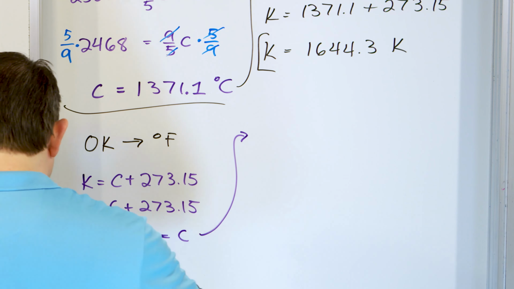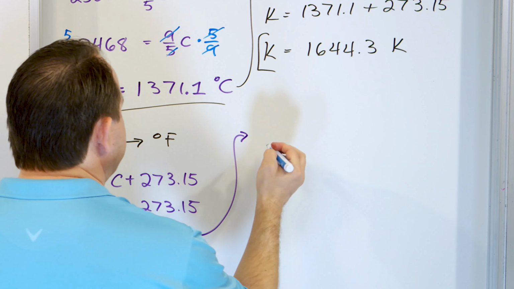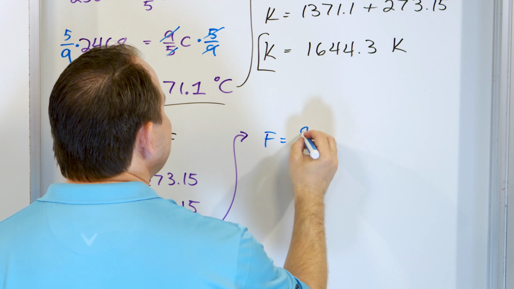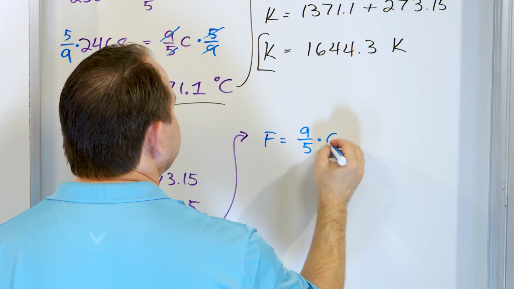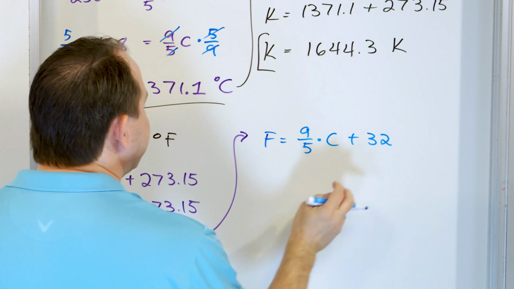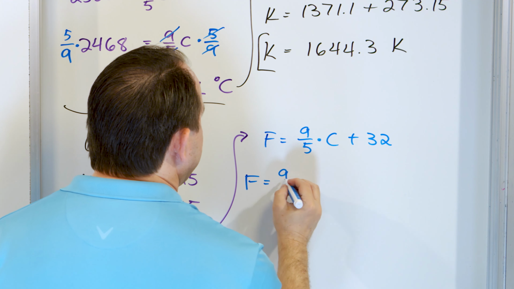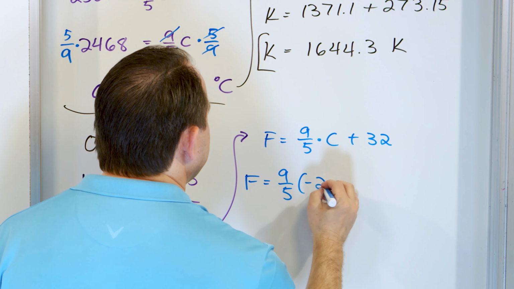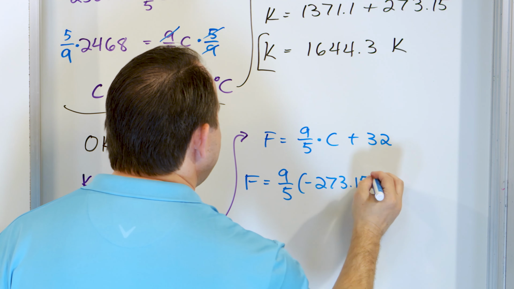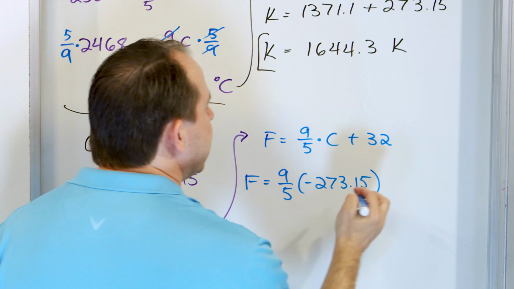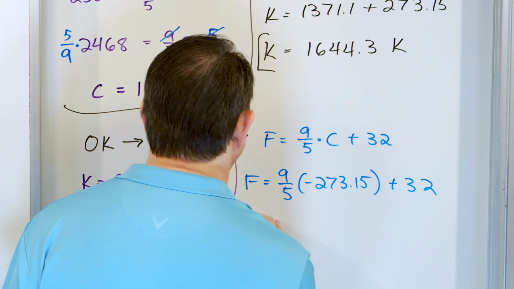Then we go to Fahrenheit. We know that the Fahrenheit temperature is 9/5 times the Celsius temperature, and then we have to add the 32 degrees. But the Celsius temperature is a negative number. No problem, we can handle that. 9/5 times negative 273.15, that is the Celsius temperature, and we have to add that 32.